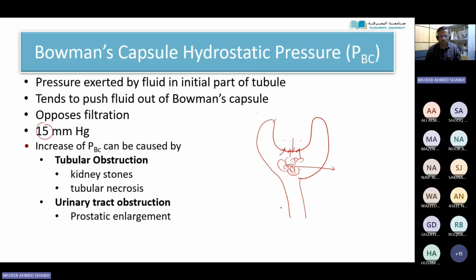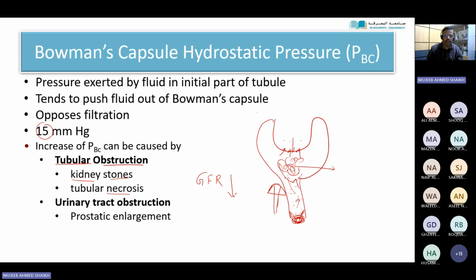But suppose the kidney develops a stone or stricture here, then fluid will go on accumulating here. So there is an increasing back pressure. This back pressure will increase in tubular obstruction. It could be due to stones, renal calculi, or tubular necrosis. Maybe this area becomes necrosed and closed or very narrow. So this pressure will be exerted here in the opposite direction, and that's why it will lead to what? It will lead to GFR?